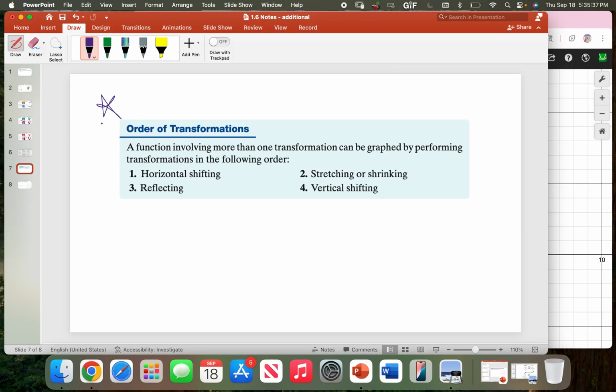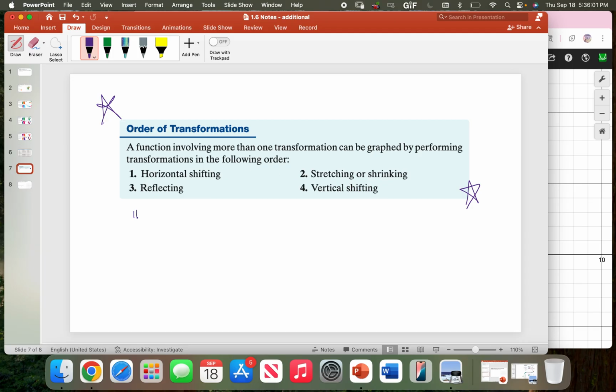The order of transformations does matter when we're talking about transformations of functions. In general, you should always try to perform any horizontal shifts first, any stretch or shrink, whether it's horizontal or vertical, next, reflections third, and then vertical shift up or down last.